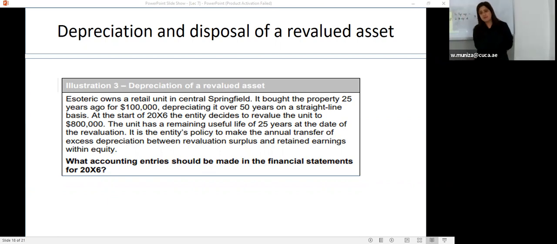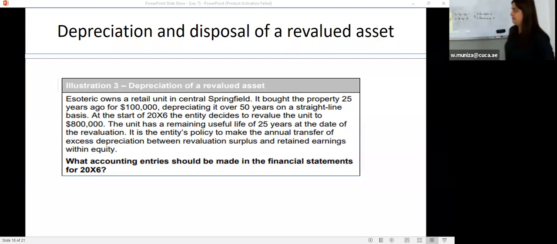So it means that for 25 years, the depreciation has already been taken. That is how we are going to calculate the accumulated depreciation. 25 years is remaining, for 25 years it's been taken. No residual value is there. 100,000 divided by 50 multiplied by 25.